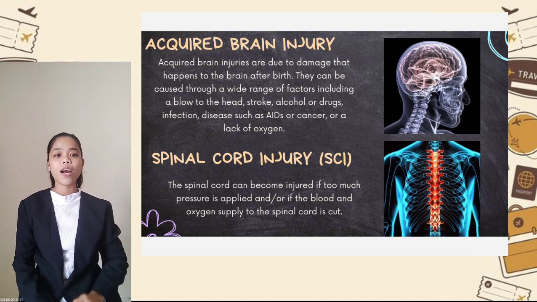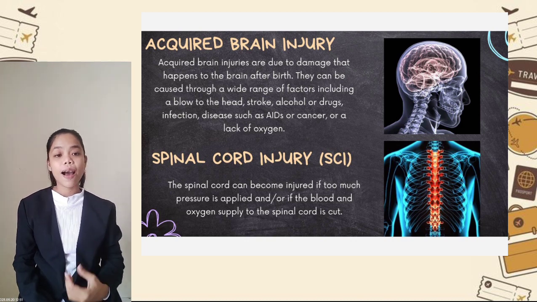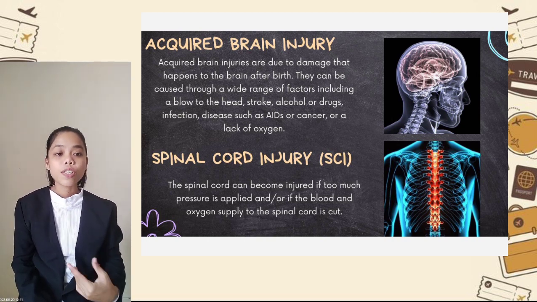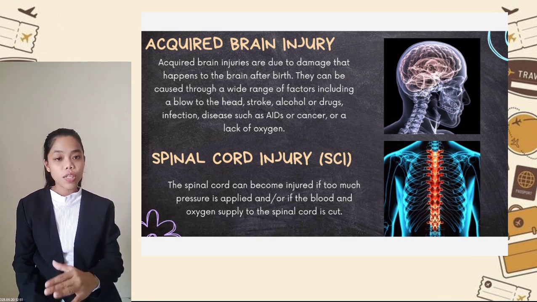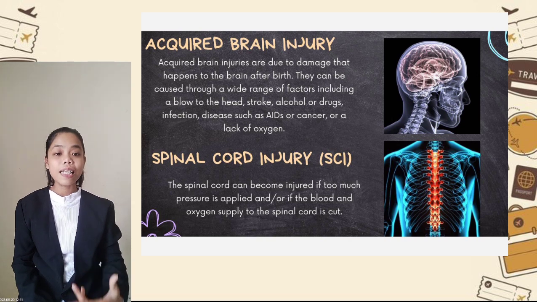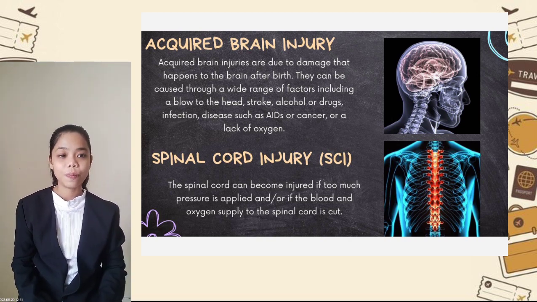So the second one, we have the spinal cord injury or SCI. So the spinal cord can become injured if too much pressure is applied and if the blood and oxygen supplied to the spinal cord is cut. So when the spinal cord has been damaged, it leads to loss of function such as mobility or feeling.